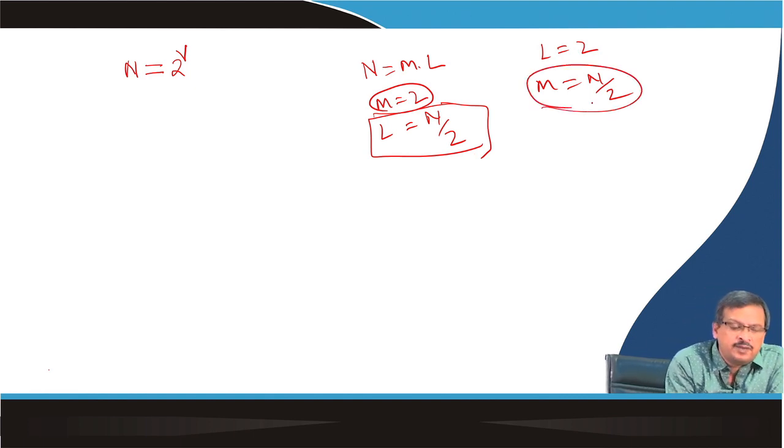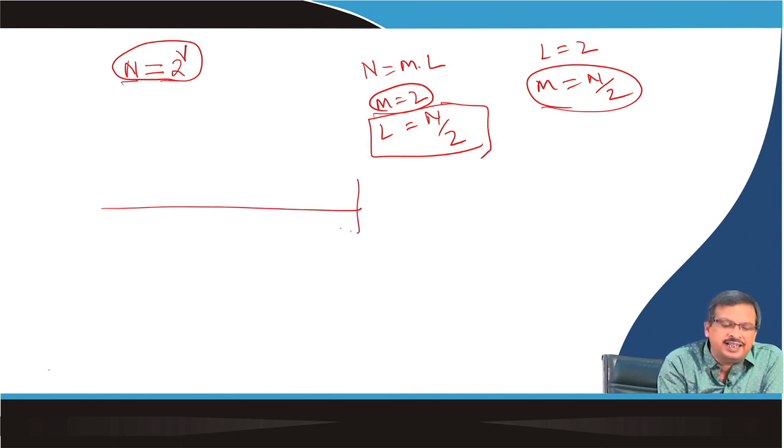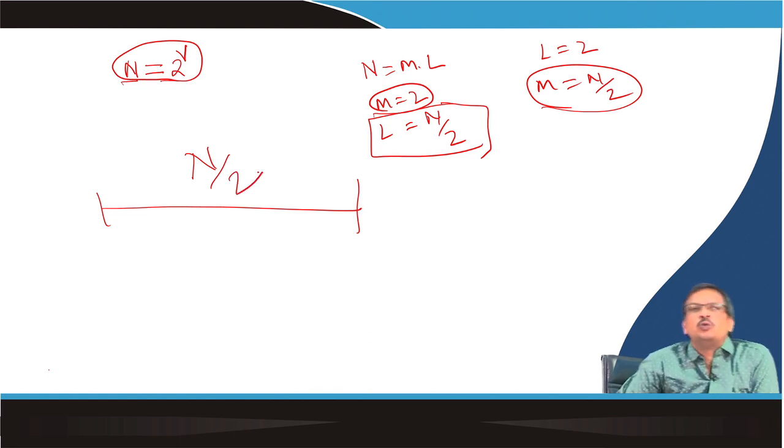So, if n is expressible as 2 to the power v, where v is an integer, then I can compute the discrete Fourier transform of n points by dividing the whole n by 2 every time.